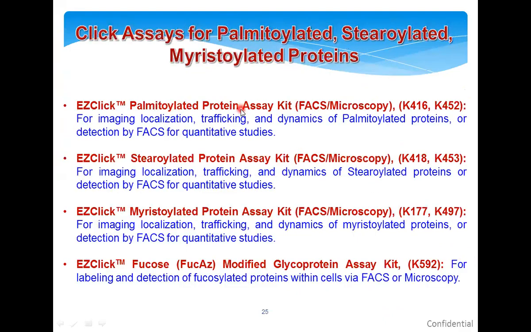Okay, the last batch of products for the EZClick reaction is for studying palmitoylation or myristoylation of proteins. These are post-translational modifications. Palmitoylation occurs when fatty acids such as palmitic acid are covalently attached to cysteine. Stearoylation, myristoylation, and fucosylation are also post-translational modifications that affect cellular trafficking, compartmentalization, or membrane tethering.